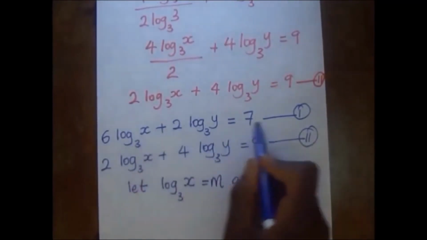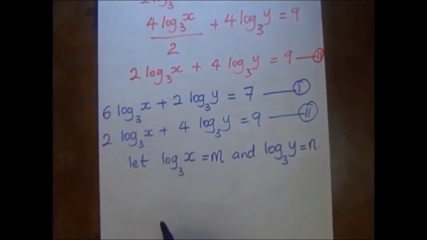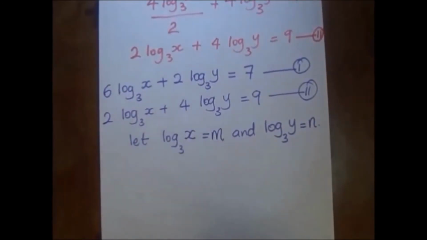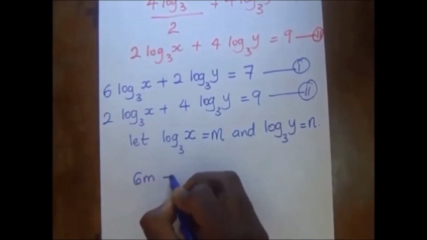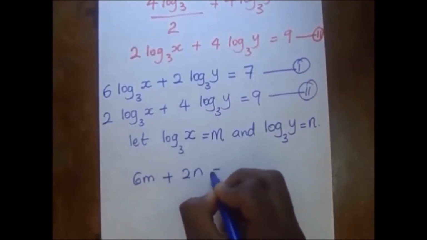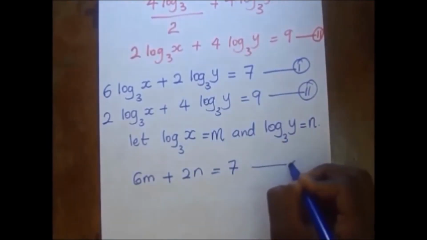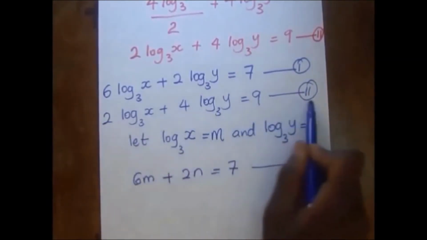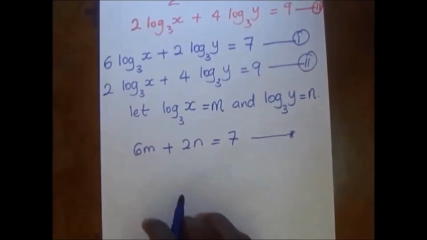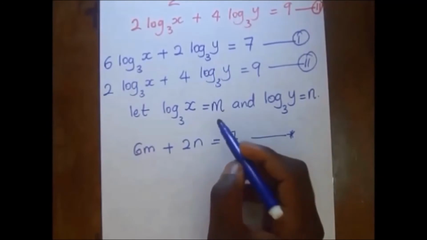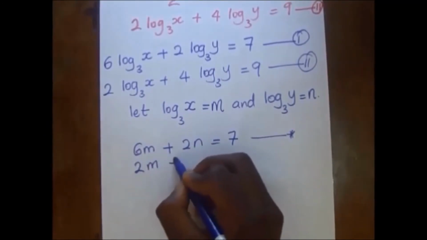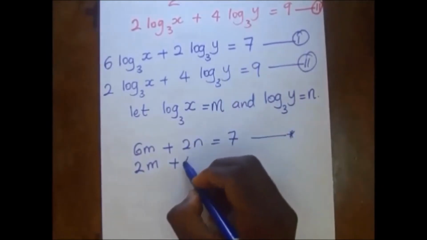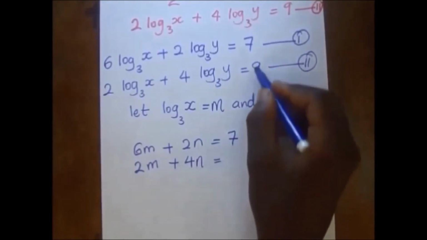So our equation 1 is going to become 6m plus 2n is equal to 7. That's one of them. Then our second equation is going to become 2m plus 4n is equal to 9.